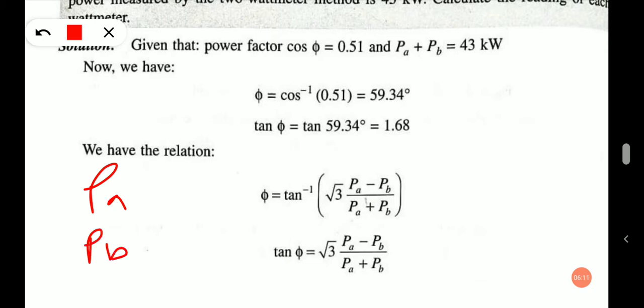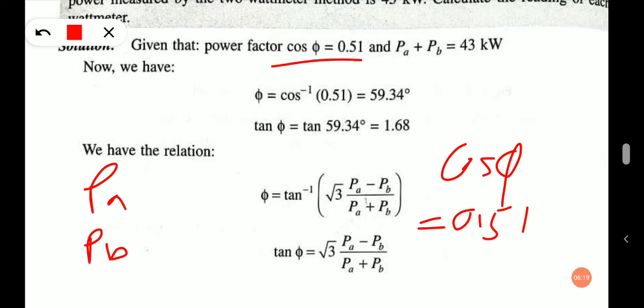So we know that cos phi is 0.51. From that we will calculate phi.